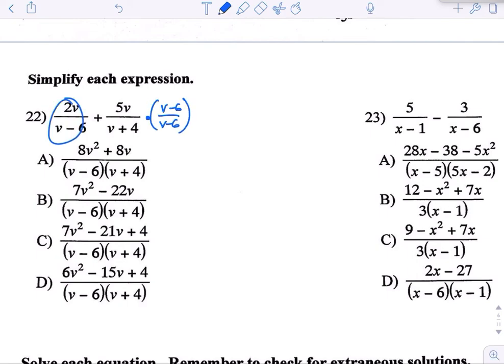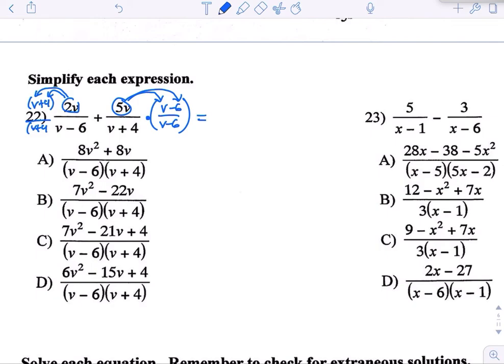This one is missing the v plus 4, so I gotta multiply top and bottom by v plus 4. So that means this 2v, you gotta distribute it to both of them. And this 5v, you gotta distribute to both of them up top. And then the denominators would be the same.